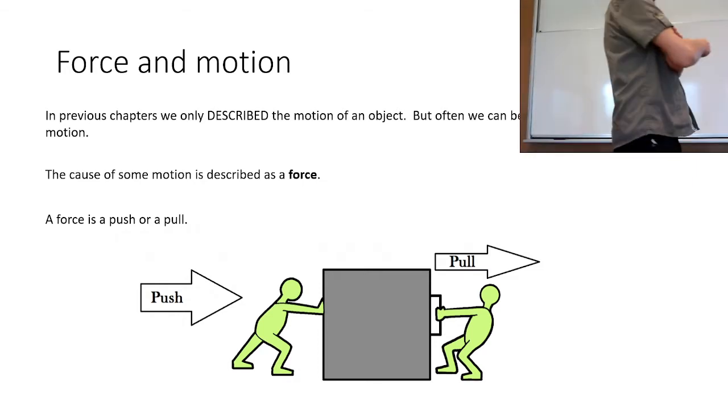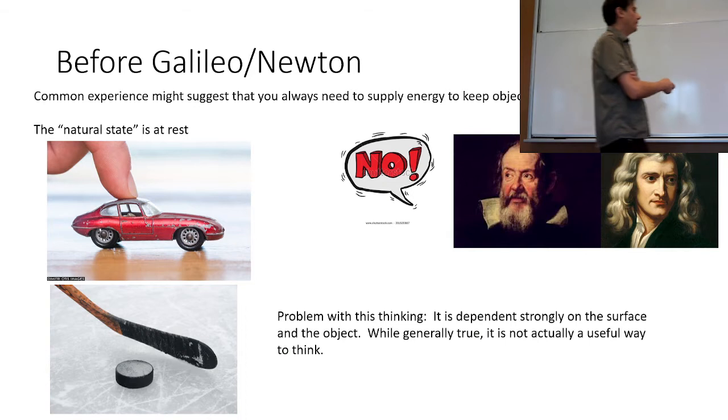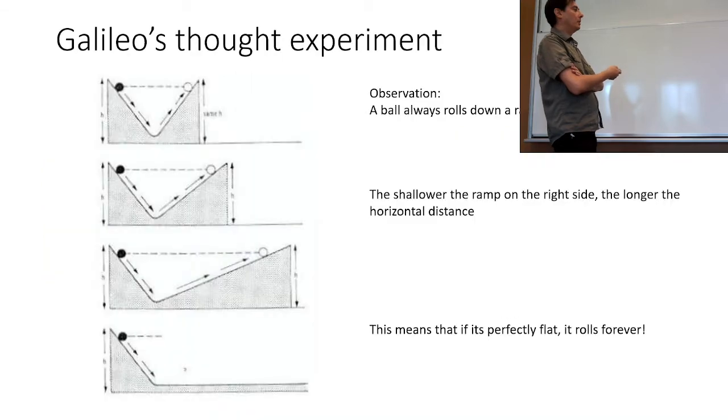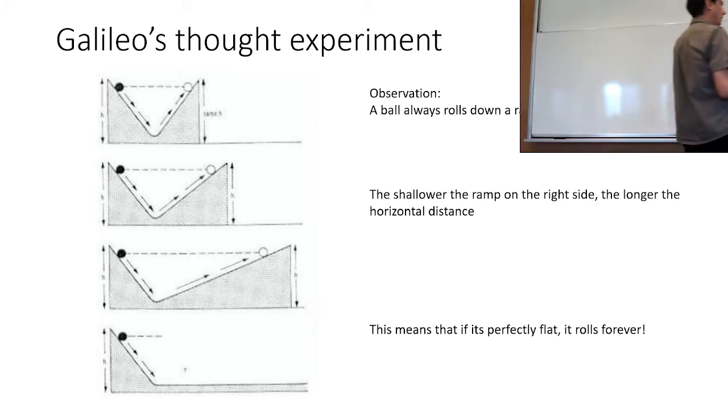So forces push or pull. Probably many of you are familiar with this already. Basically Galileo was the first person that could come up with this idea that the natural kind of motion of something is that it just keeps its velocity.